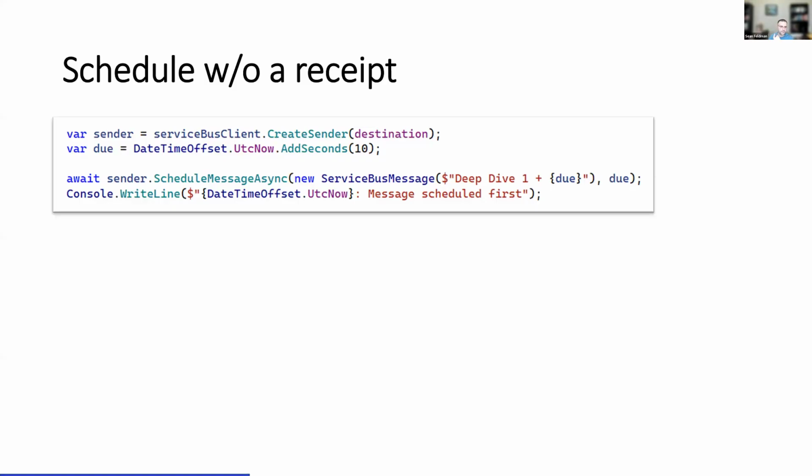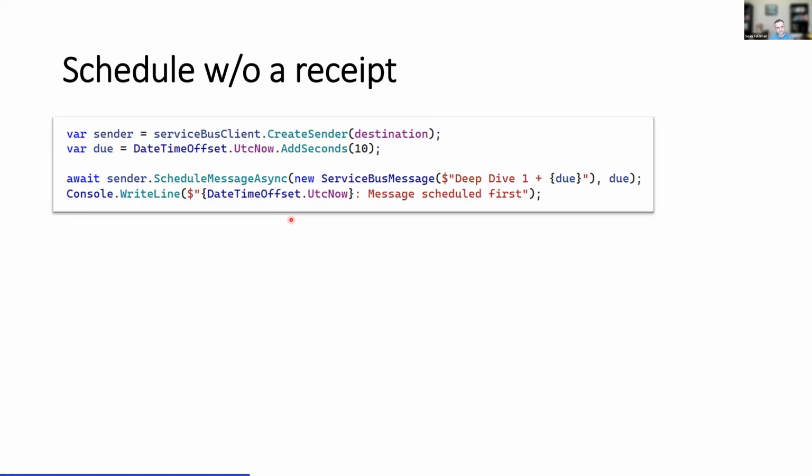All right. So again, a lot of options, right? The more the better. There's more than one way to schedule a message. One way is just to fire and forget. Literally, having a schedule message async call, which puts a message on a queue, right? And sets the enqueue time, or the point in time when the message should appear.